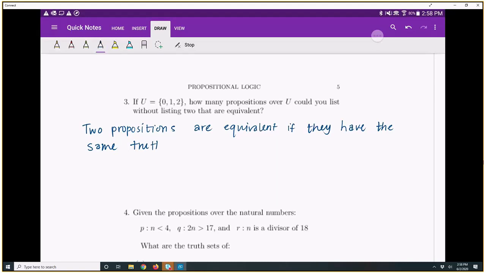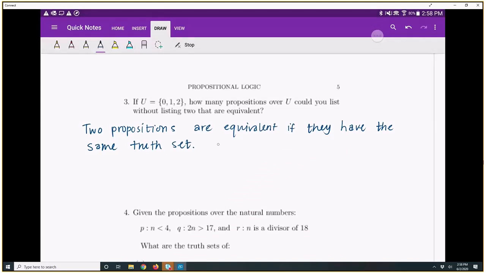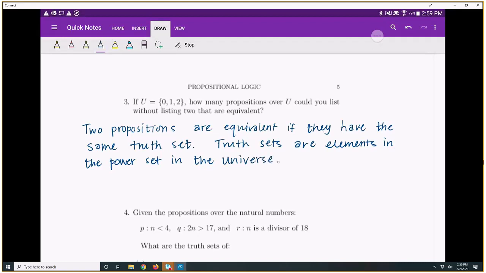So since truth sets are elements in the power set of the universe, meaning truth sets are subsets of the universe, what the question is really asking us is, what is the cardinality of the power set of the universe?